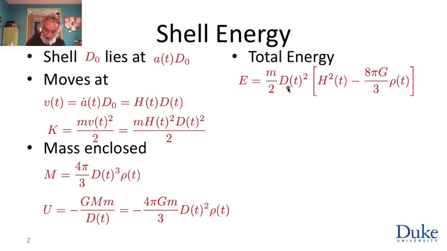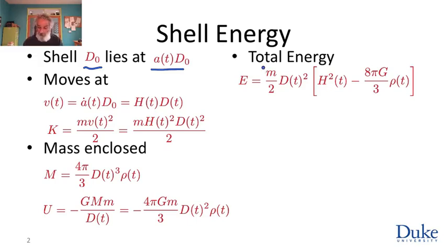I extract the common factor of d squared, and I'll extract a 1/2 at the cost of putting an 8 pi G over 3 here instead of 4 pi G. And here I have the expression. This is the energy of the shell that I called the shell d0, which lies at this distance and then has some width. And of course, if you make the shell thicker, its mass gets bigger, and you're talking about more energy.